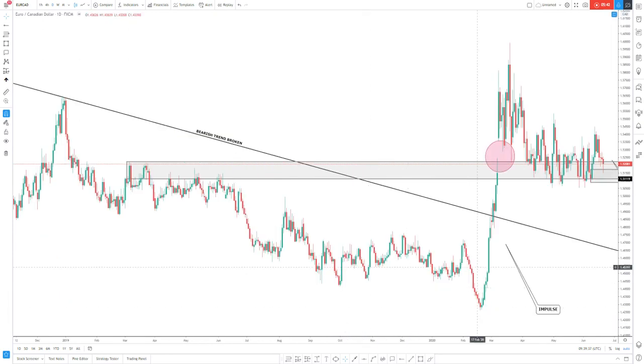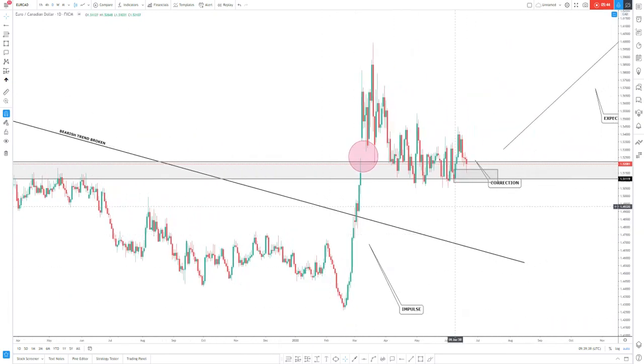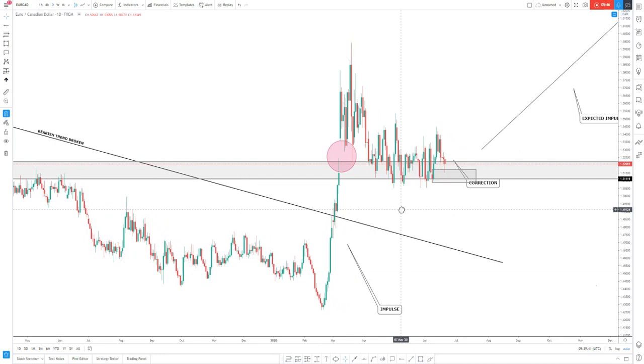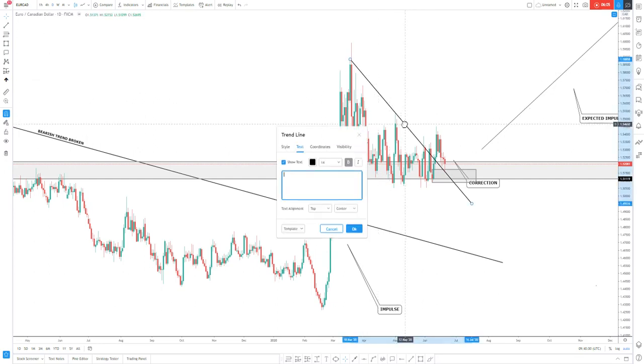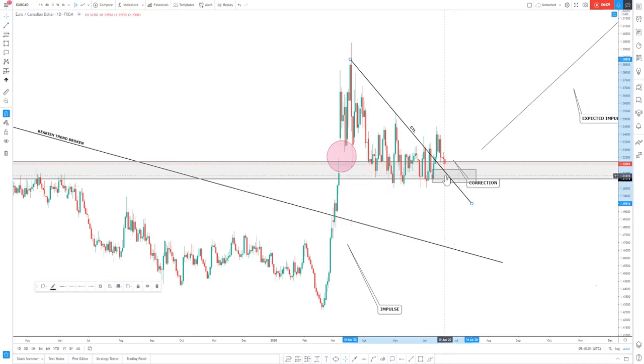And also, I'm trying as much as possible to gather quite a lot of confluence on EUR/CAD. If I do pick up a trend line from this point here and pull it down into price, we can all see that it was just a break of this bearish trend, also this corrective trend line, a break of it and a retest of it with an expected projection to the upside.